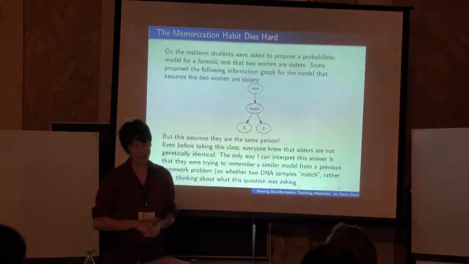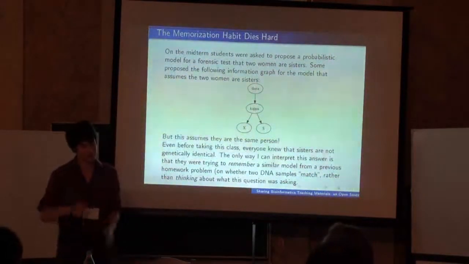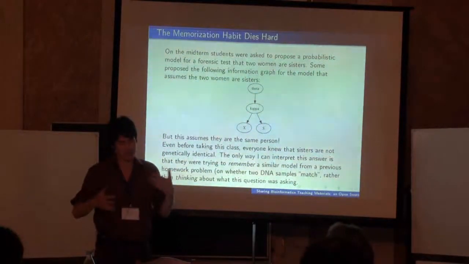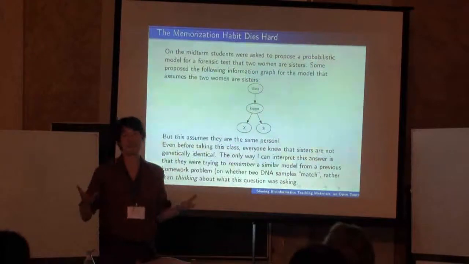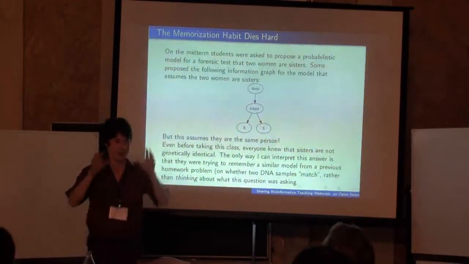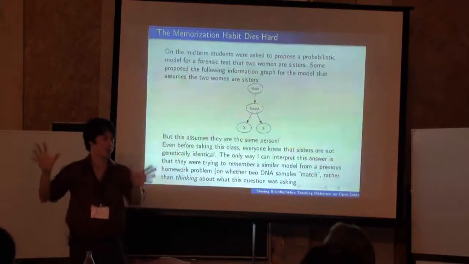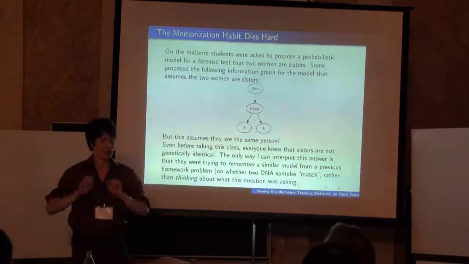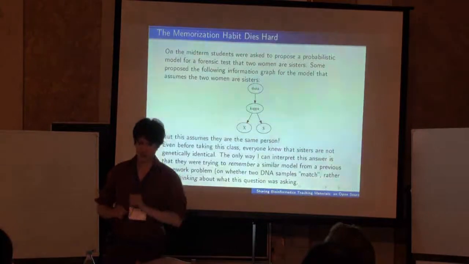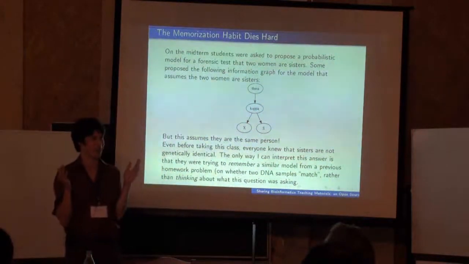And just as a simple example of what I see among my students, I don't know if this would occur here, but I asked a question that addresses kind of a forensic test for whether two women are actually sisters or not. And they have to draw a graph structure for the variables that they would propose for the probabilistic modeling of this problem. And some of the students handed me back an answer that I just could not understand where it could possibly have come from.